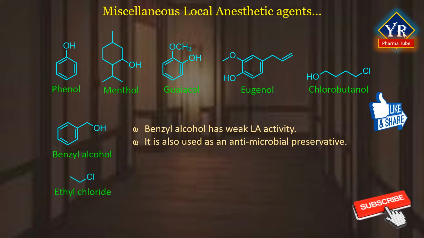Ethyl chloride has been used as a local anesthetic in minor surgery on account of its low boiling point and the intense cold that is produced by its evaporation. This procedure, however, is not generally recommended. Local anesthetic properties are also shown by some drugs belonging to other categories of therapeutic use. This includes antihistamines, beta adrenoceptor blocking agents, antimuscarinic agents, and antiarrhythmic agents.